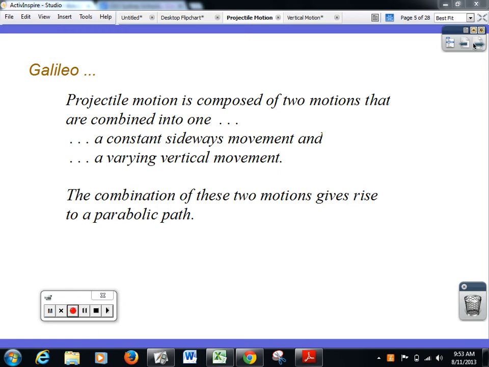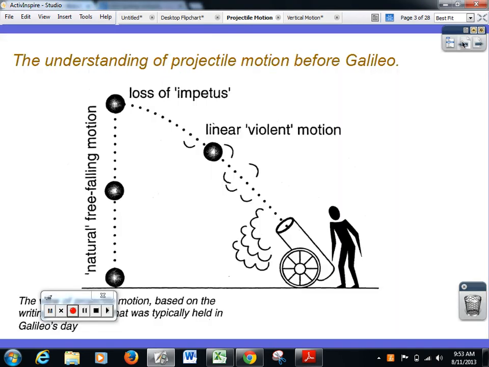Are you okay with Galileo's view? Now, you are asked in question 2 there to describe Galileo's contribution to parabolic motion or projectile motion. The way that you would answer that would be that you need to mention the Aristotelian view beforehand.